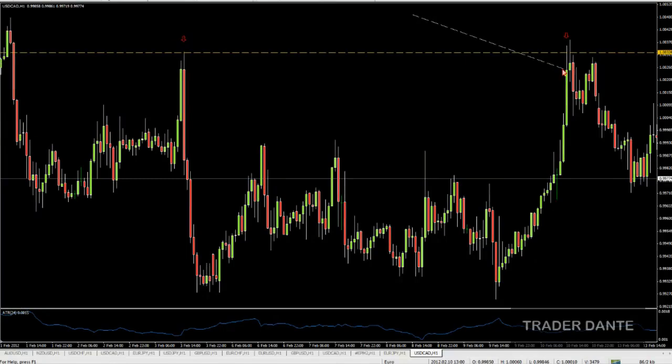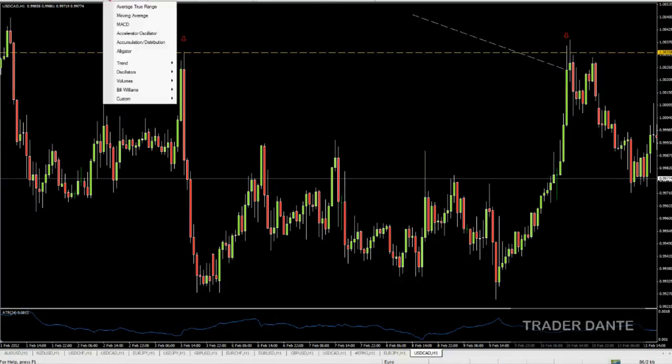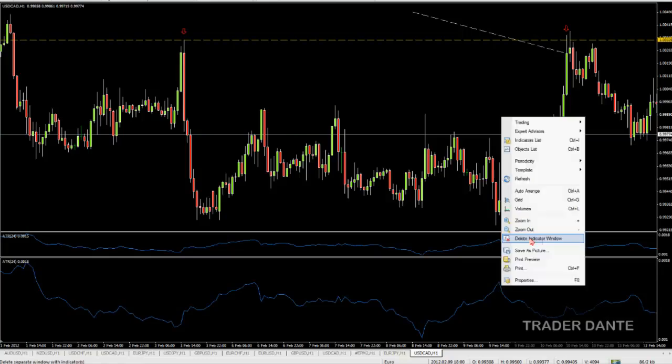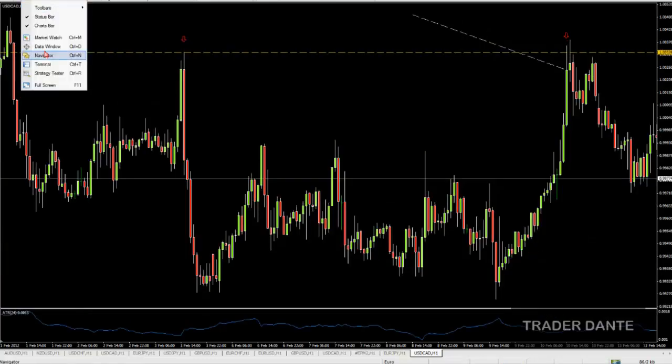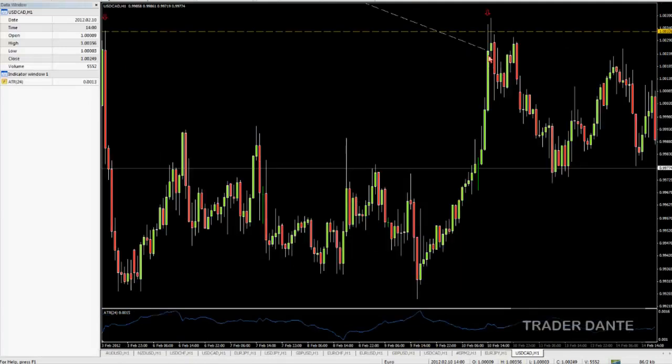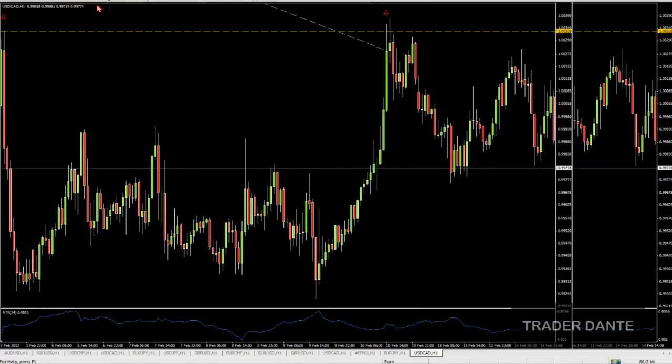I'll just literally hammer it straight on the close of that bar there, pull the ATR up, 24 period. I've already got it on there. Hover over the reference bar, and it's 13 pips.